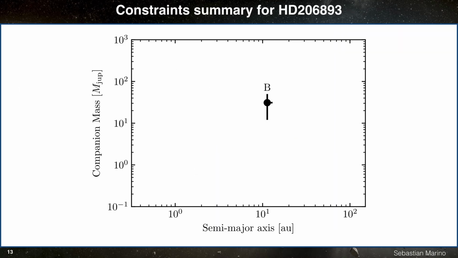Finally, we can place all the constraints on this system in a single figure of companion mass versus semi-major axis. First, the error bar at the center shows the brown dwarf discovered with SPHERE. The same observations rule out the presence of a similar mass planet beyond 7 AU, which is represented in red in this figure.